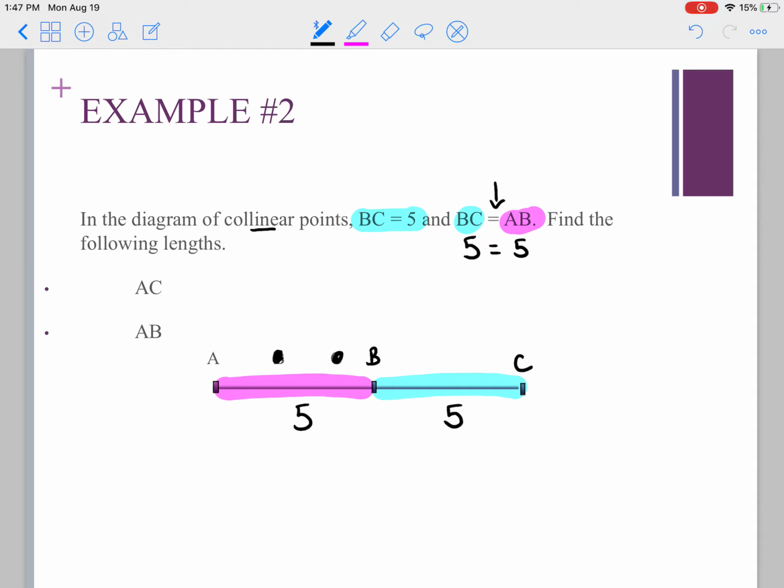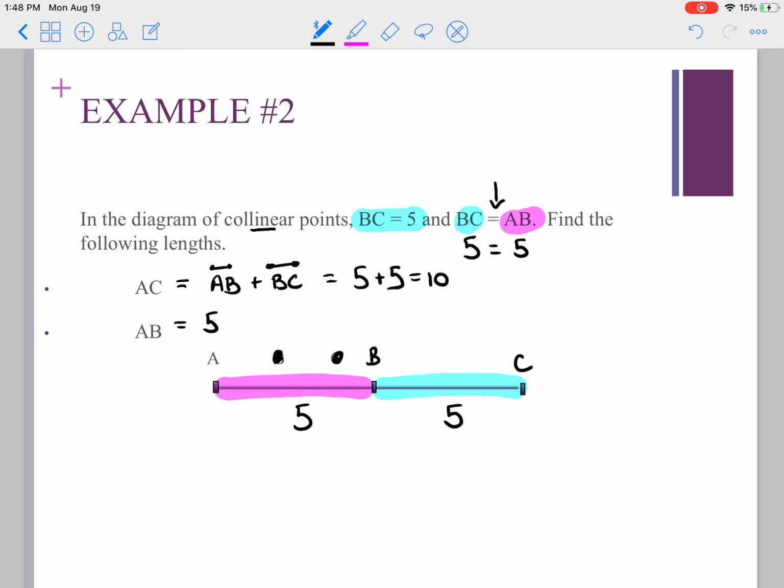And so now I can find the following lengths. Well, AC is equal to, using the segment addition postulate, AB plus BC, which is equal to 5 plus 5, which is equal to 10. And then we already have the measure of AB because it is equal to BC, and that is 5.